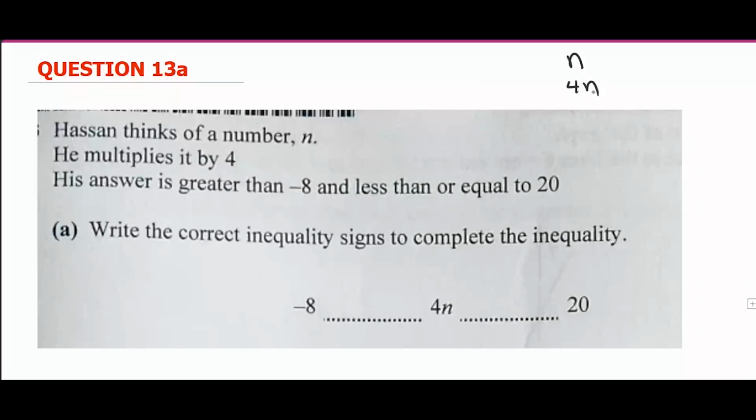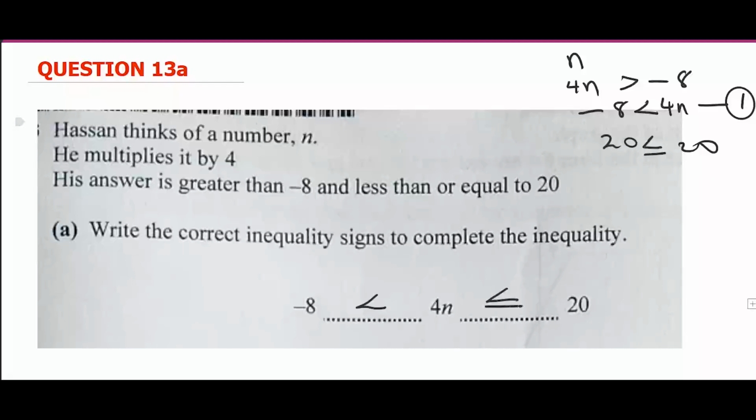So another way of writing this is to say -8 is less than 4n. This is the first one. Then, less than or equal to 20. That means 4n is less than or equal to 20.